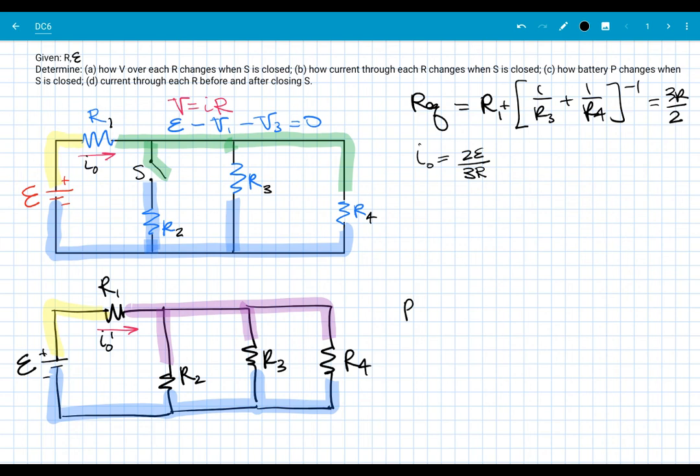And for the closed case, I'll prime this case here. R equivalent primed is just going to be R1 plus, and now I've got all three of these in parallel. Remember that all the resistances are equal to R. I'm just using this notation so you can see where I'm getting these from.